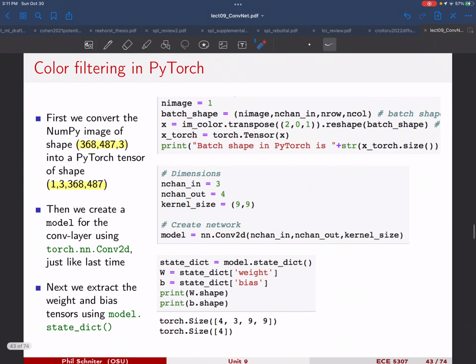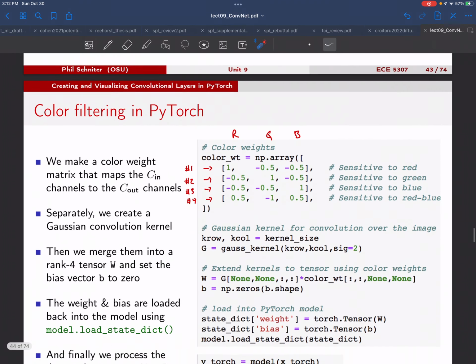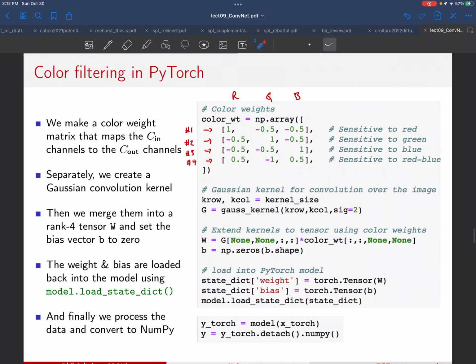Okay, and that's purely color processing. If I had just a single color pixel and I wanted to do this filtering, this matrix would be enough.